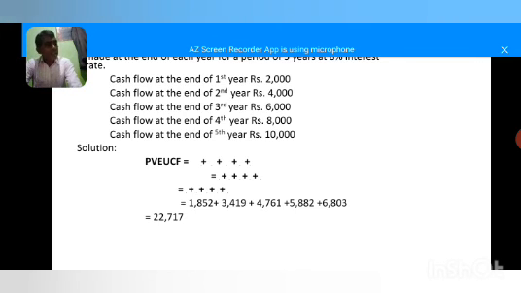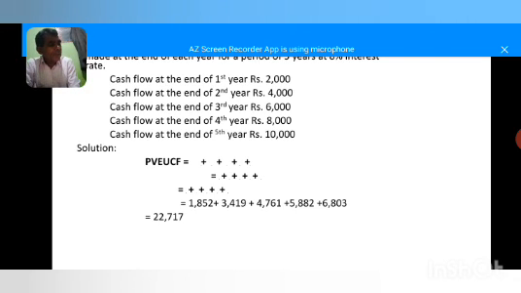We get 27,072. So what about the total interest? First year 4,000, second year 6,000, third year 7,000, fourth year 8,000, fifth year 10,000. The total amount received after 5 years is 35,000.